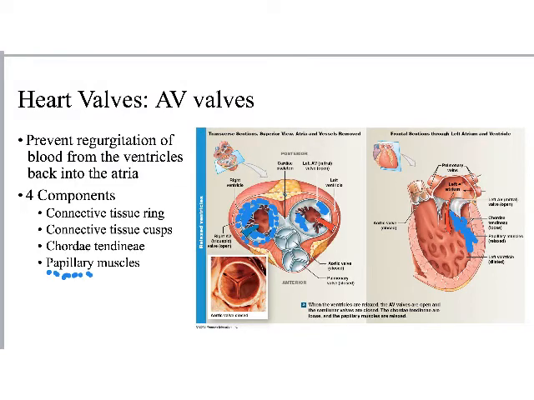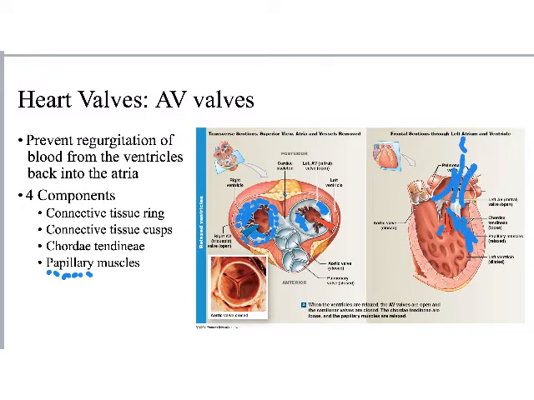And this is going to be very important because when the valve closes, it needs to be anchored to the ventricle so that the pressure from the blood does not force the valves to go through and open the other way and allow blood to leak.